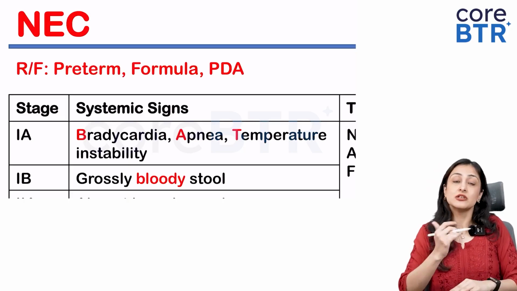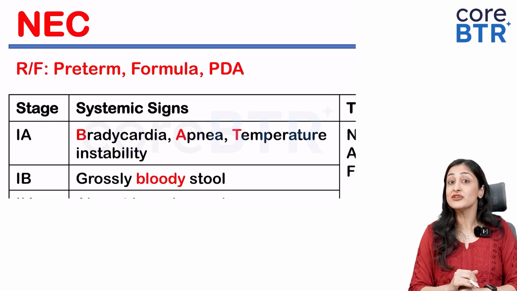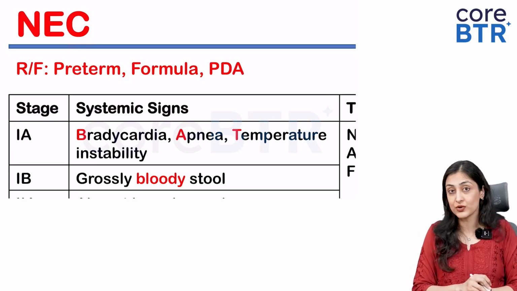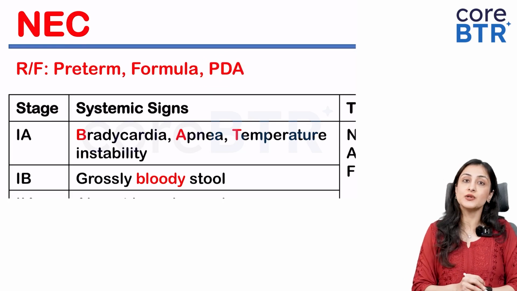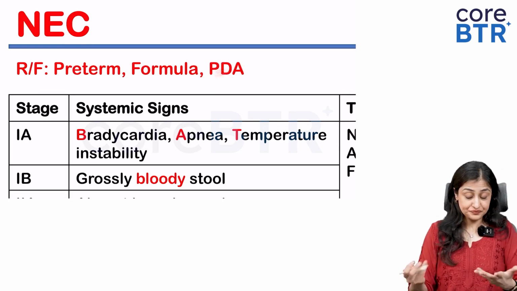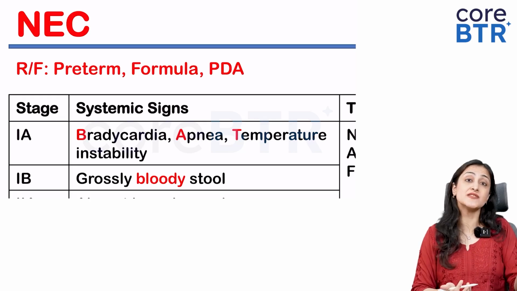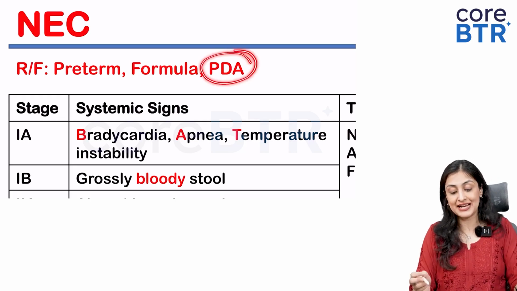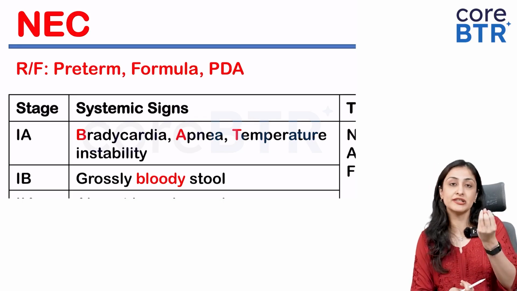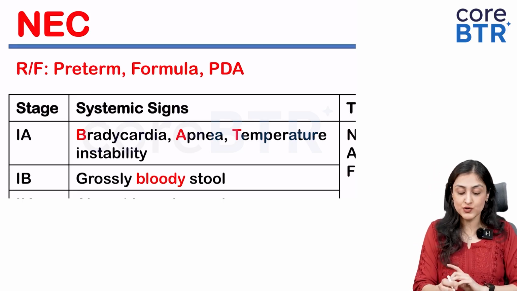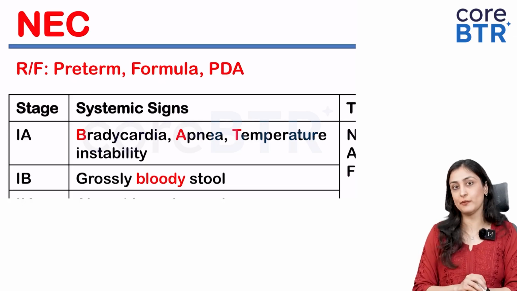So any external feed that you give, like formula feeds, becomes a risk factor for necrotizing enterocolitis. And PDA, patent ductus arteriosus. So this is where again the oxygenation of the blood is impaired in PDA, and that is what can also lead to necrotizing enterocolitis because again the bowel now undergoes ischemia. All right, so these are 3 risk factors, very, very important.